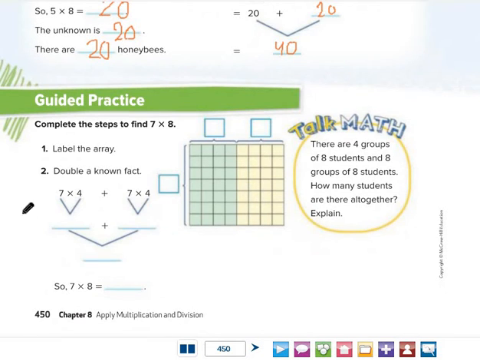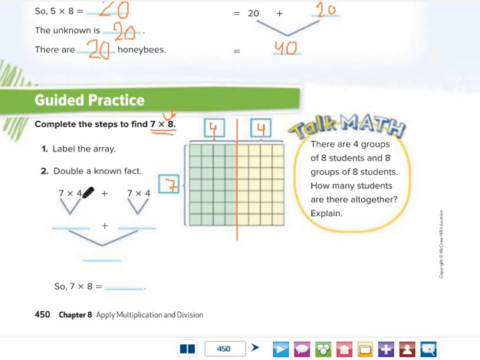Now let's solve question number 1. Complete the steps to find 7 times 8. Again, we have 8 as a factor. So to find this large fact, we can decompose it into 2 smaller facts, or this array into 2 smaller arrays. It must be 4 and 4. And of course, we have 7 rows.